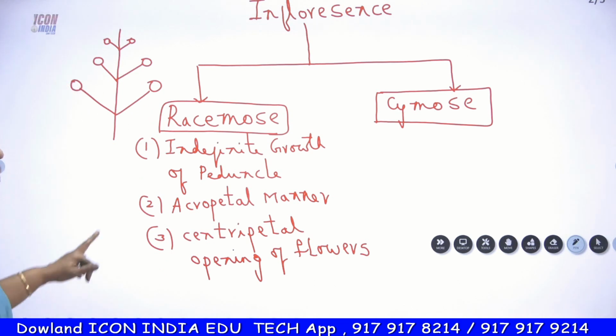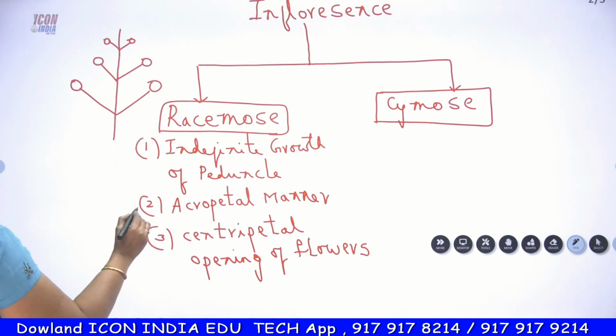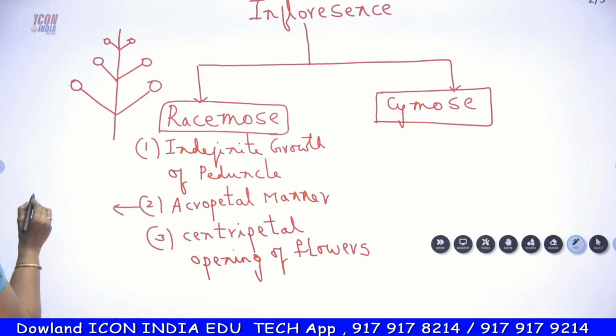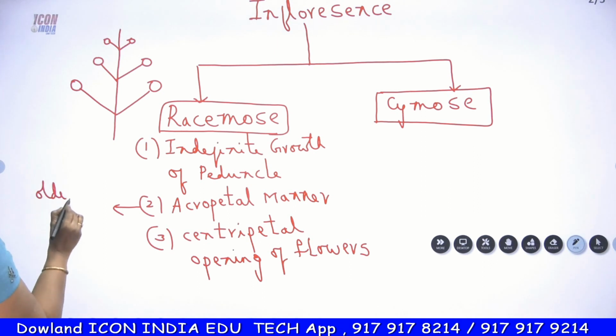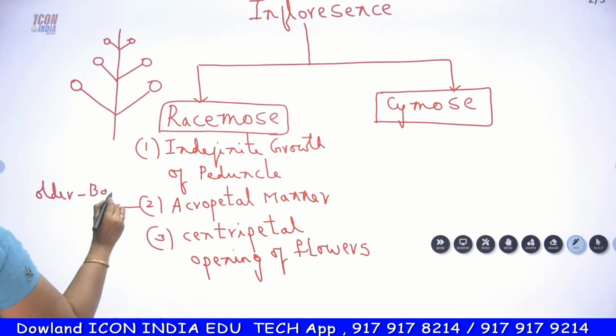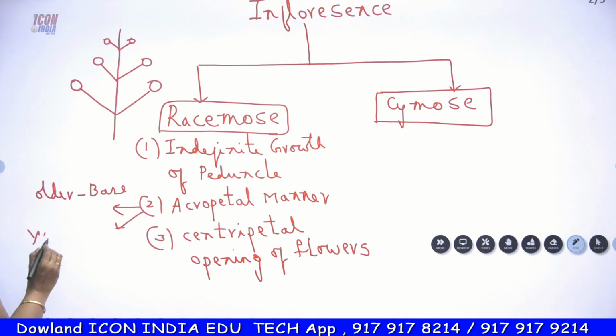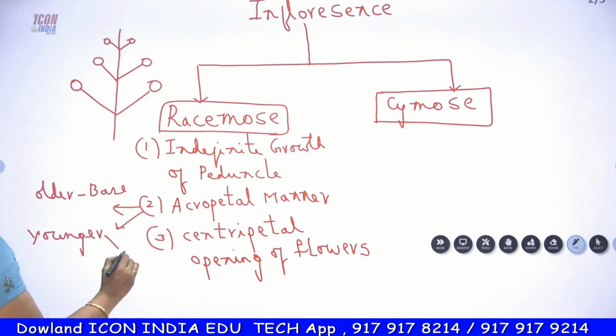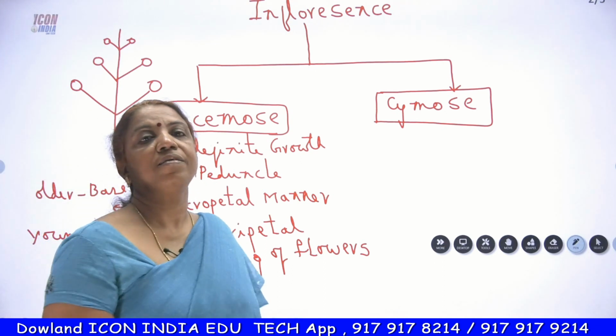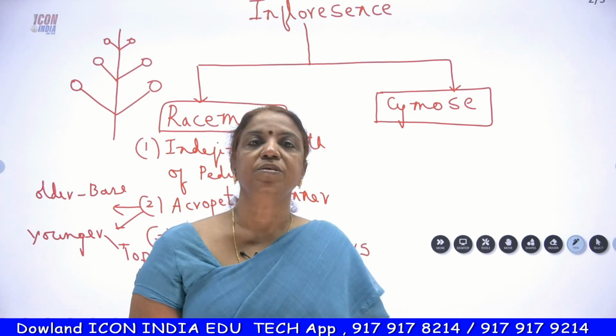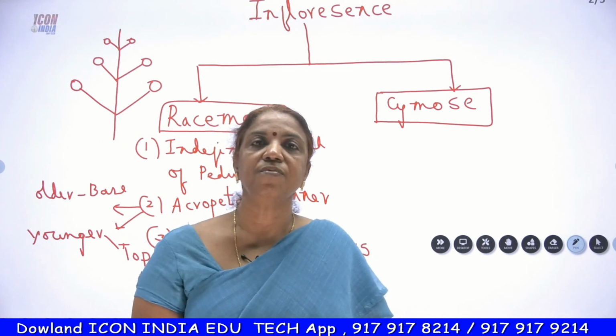This is called acropetal manner. So this is the basic character: older flowers at the base and younger ones at the top.